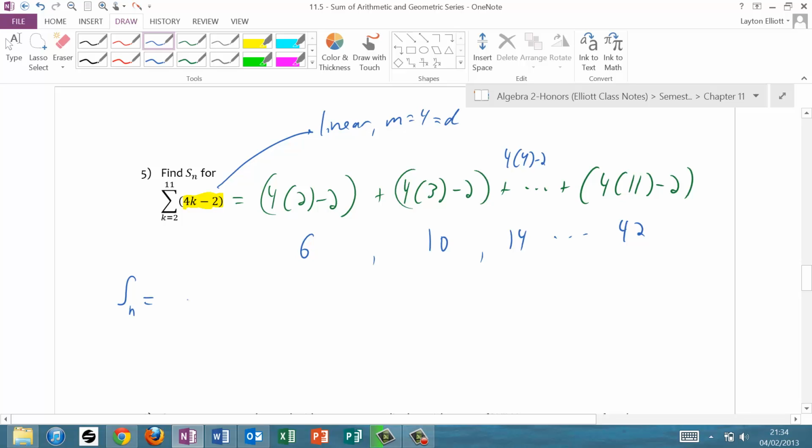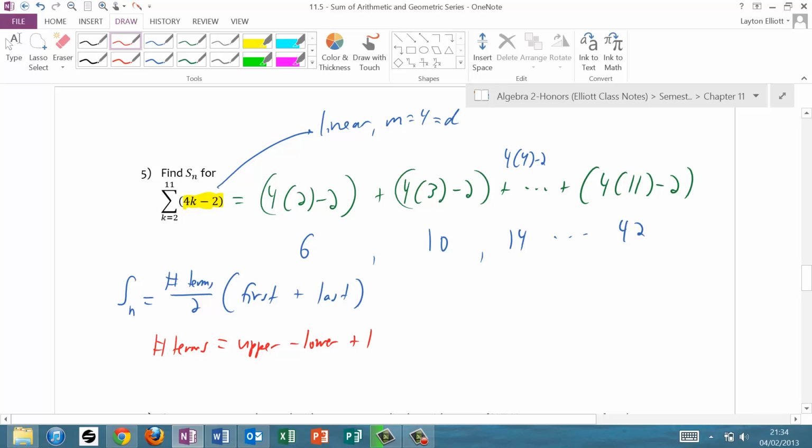So, back to our initial problem, if I want to do the arithmetic sum, S of n, I can say it's equal to the number of terms over 2 times the first term plus the last. That's really what's going on. So I'm not going to use variables here, I'm going to use words. The number of terms, like we said previously, is equal to the upper limit minus the lower limit, but then plus 1.